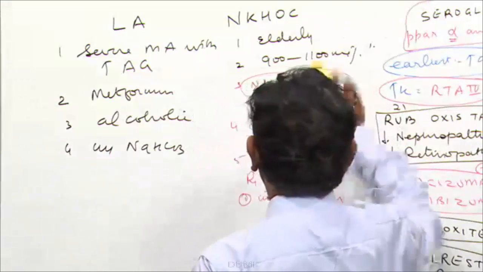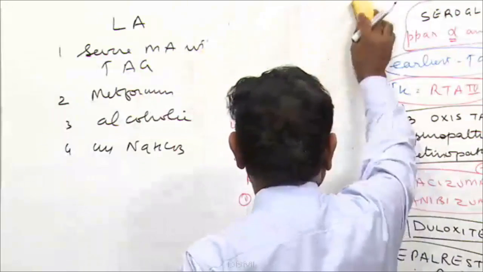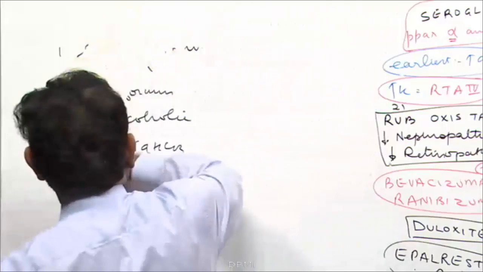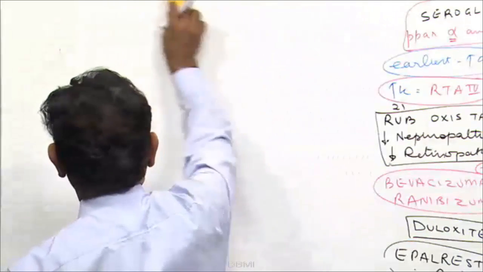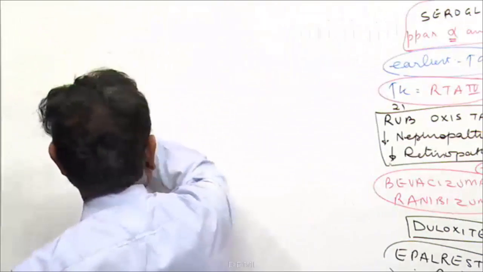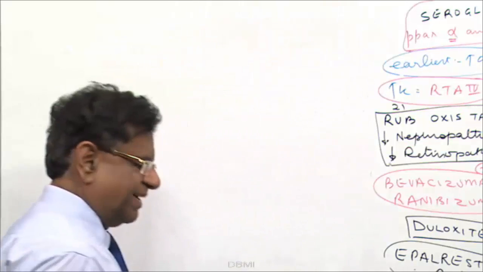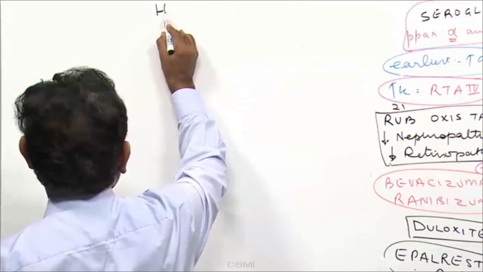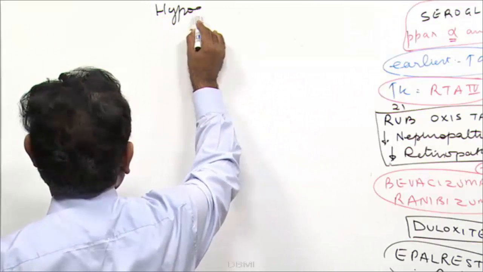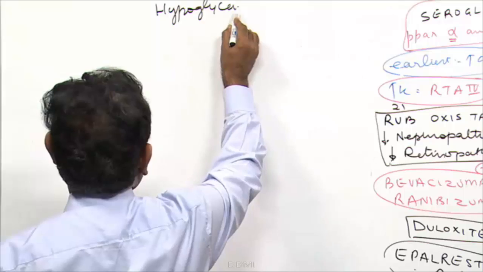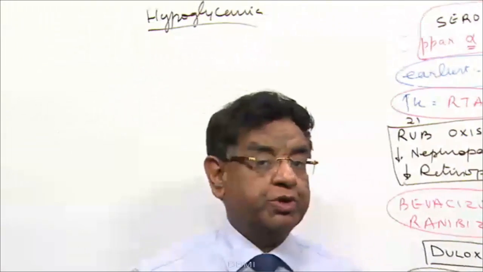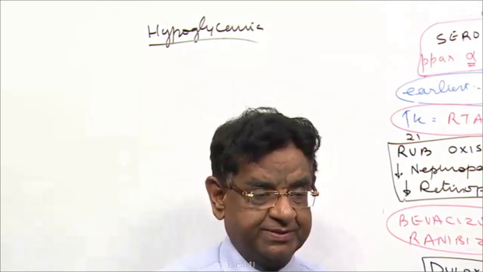Now, the fourth complication in acute diabetes is hypoglycemia. In fact, hypoglycemia is the most common acute complication.